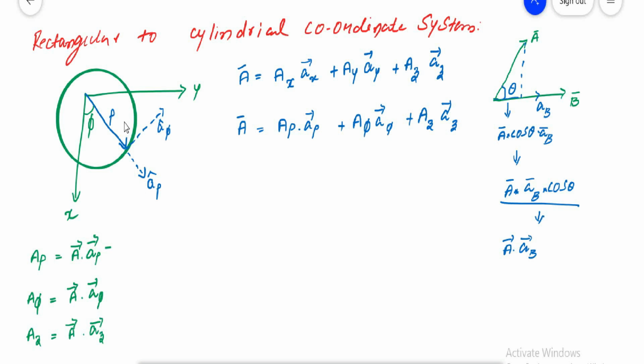So we can elaborate it. A is nothing but your vector. So here we can write ax bar plus ay bar plus az bar, totally dot product with a rho.